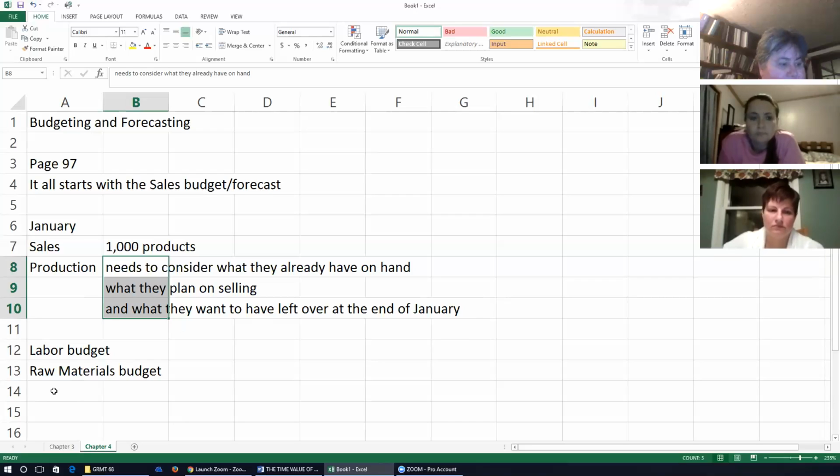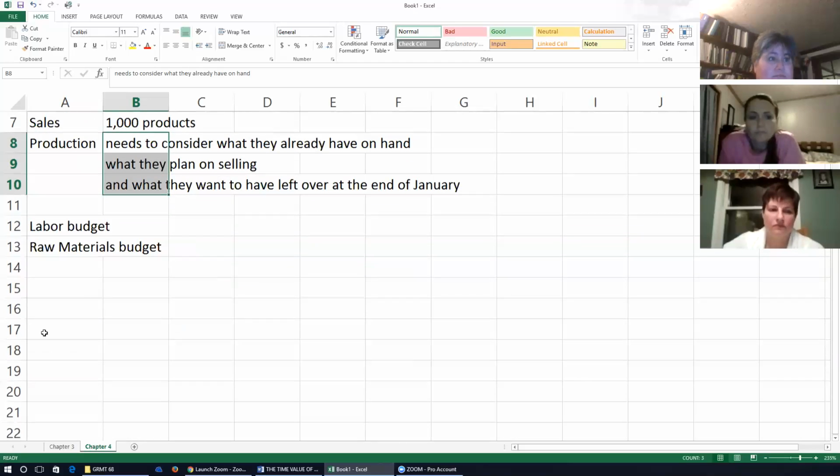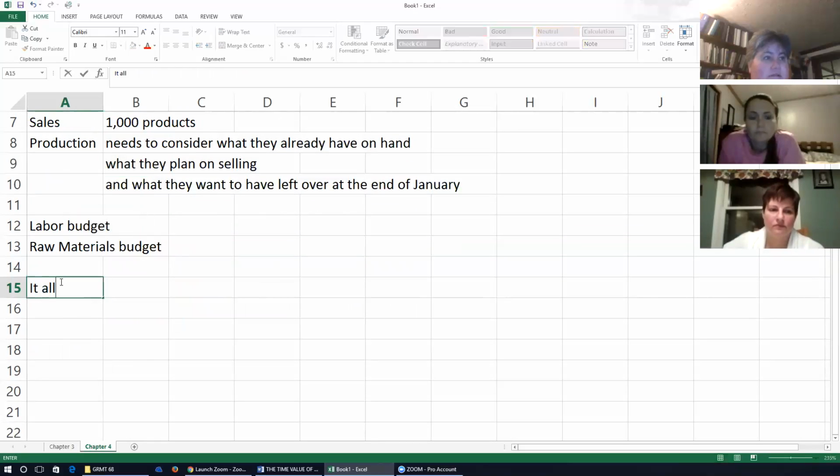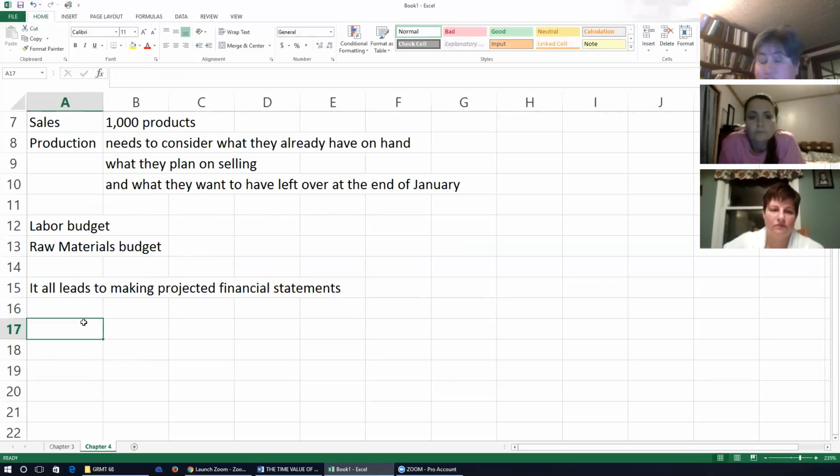But finally, after they figured out sales and production, they can make estimated financial statements. So they can say, if everything goes as planned, next year's income statement should look like this.